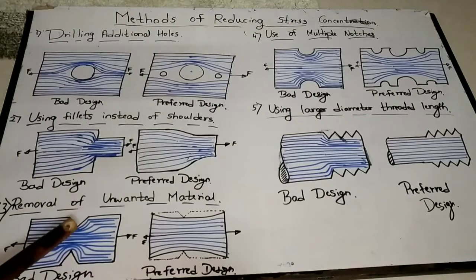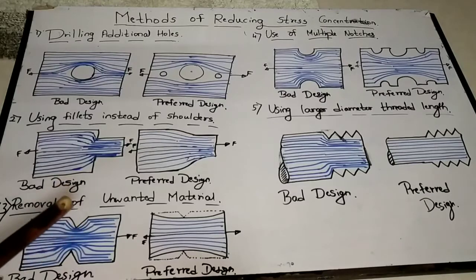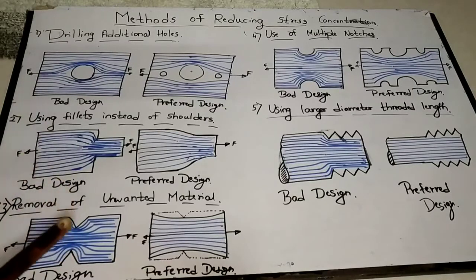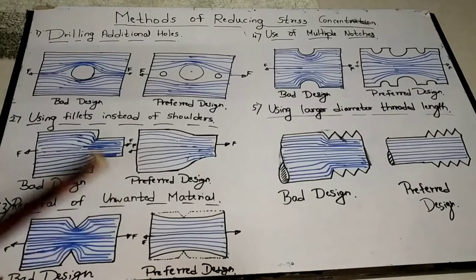So wherever the discontinuity, that is the V notch, is there, stress is concentrated more near that region because of minimum cross-sectional area. Okay, and how that minimum cross-sectional area, we took one small example also in the previous lecture. Now coming to here, because of this V notch, around this region stress is concentrated more.